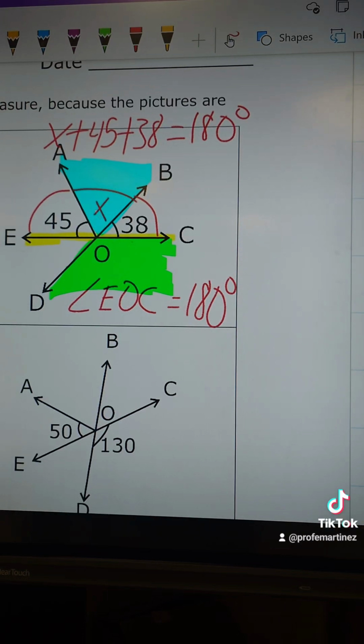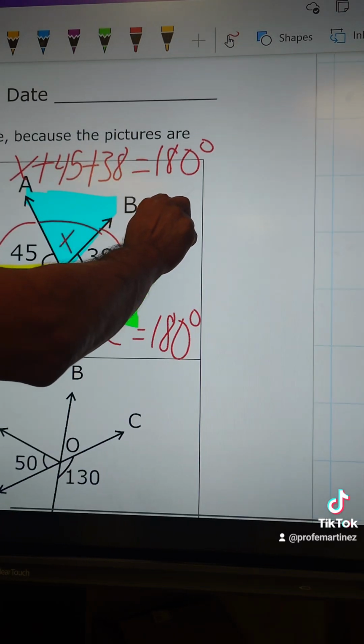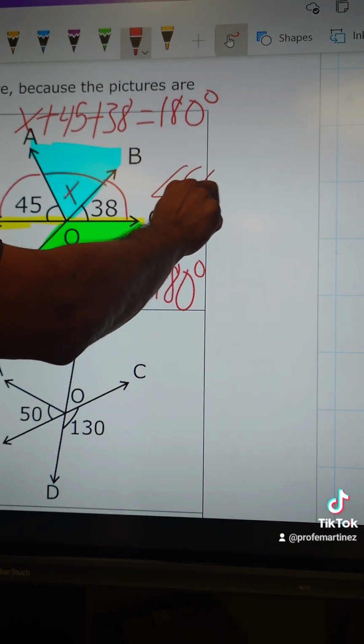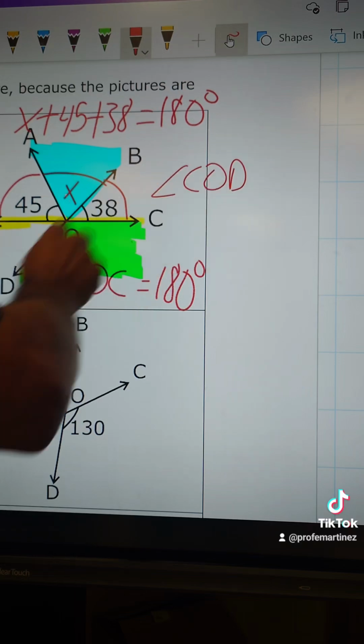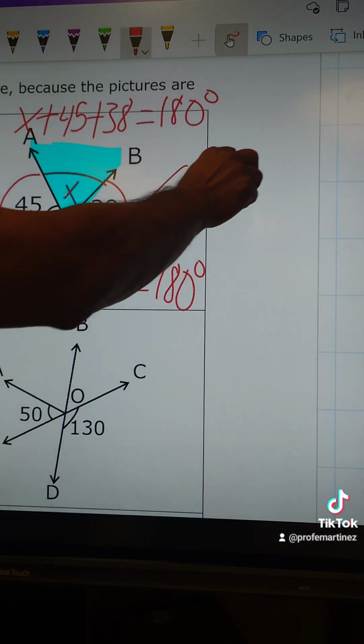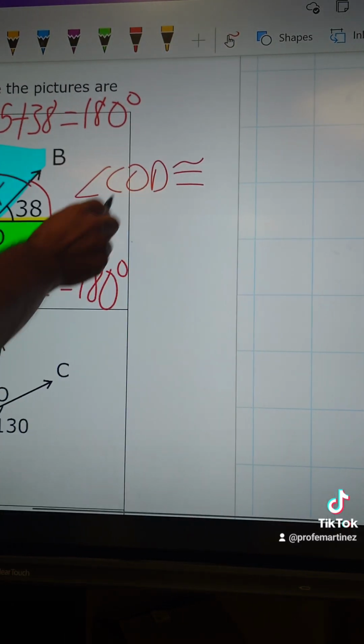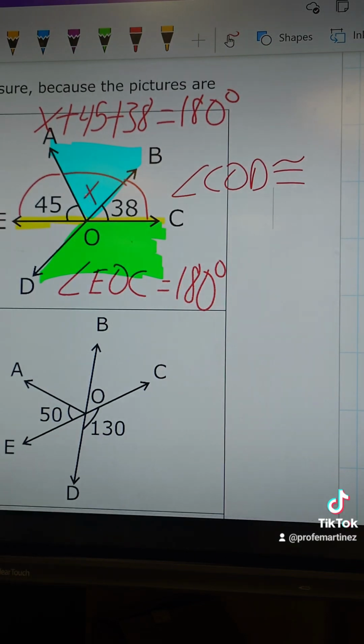say, let me put it on here. Angle COD is vertical to angle EOB.